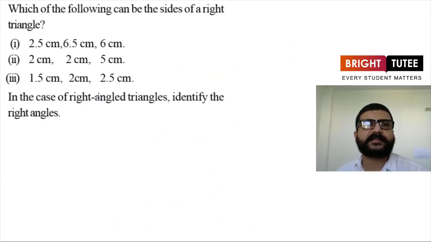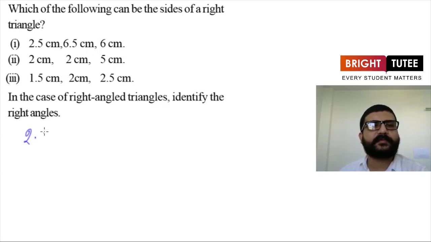Now here is the next question. The question here is, which of the following can be the sides of a right triangle? So what we have to do for that? We have to check whether sum of the squares of two sides is equal to the square of the third side or not. Let's check for the first one.